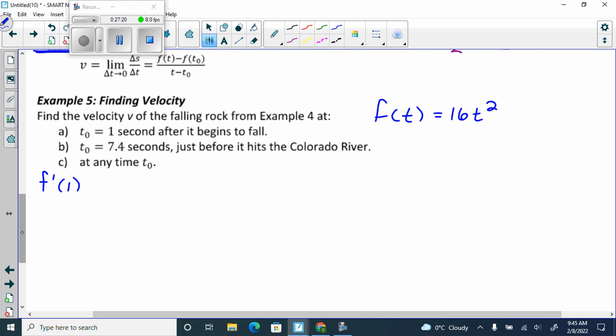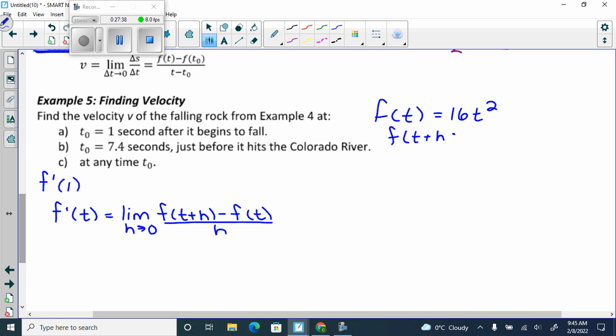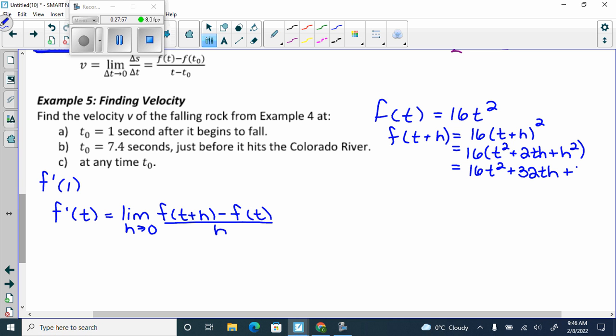So I need to find f prime of t first, which is the limit as h approaches 0 of f of t plus h minus f of t all over h. What's the only thing I don't have? T plus h. So f of t plus h equals 16 times t plus h squared, which equals 16t squared plus 2th plus h squared, which is 16t squared plus 32th plus 16h squared.